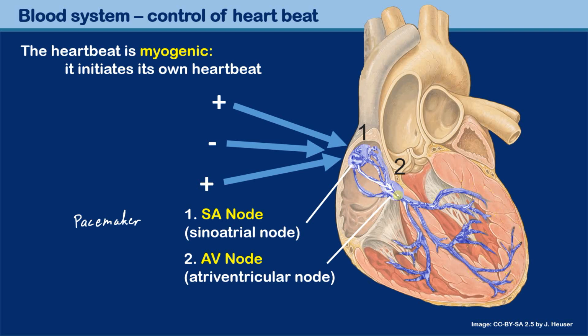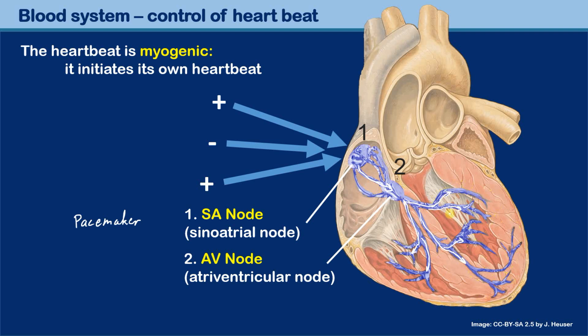And from the AV node, the nerve signal spreads across these nerve fibers to the rest of the heart muscle and causes the heart muscle to contract at the same time. So that is the point. You want all of the muscle here to contract at the same time, so you have to make sure that this signal reaches all of the muscle at the same time, and this is ensured by having the signal travel down these nerve fibers.